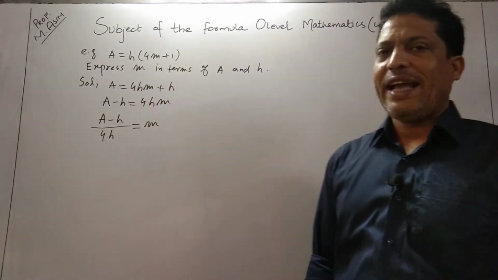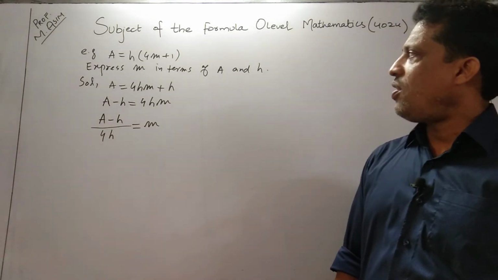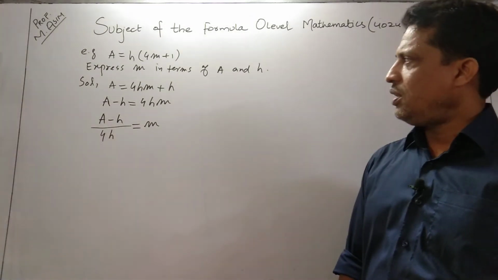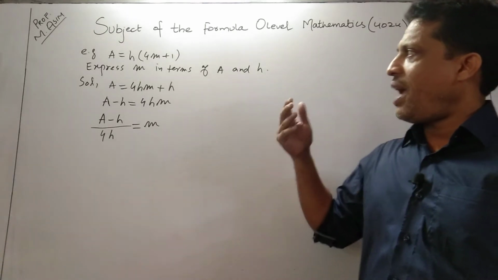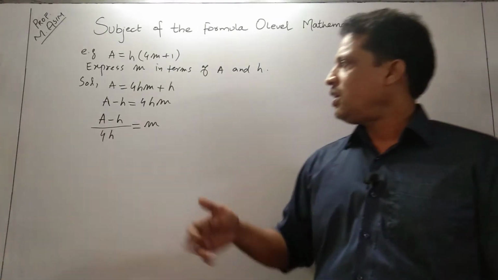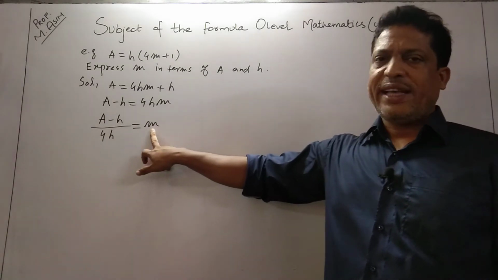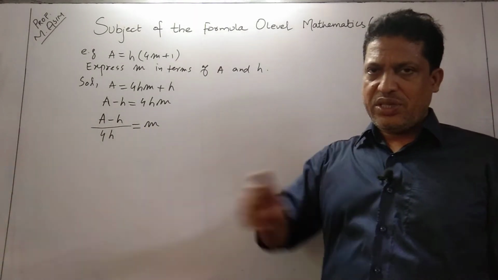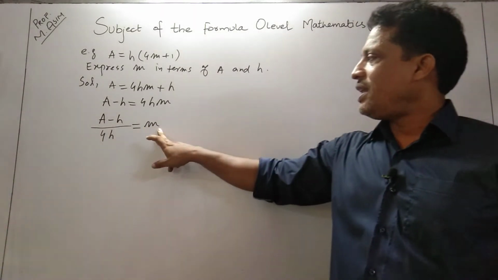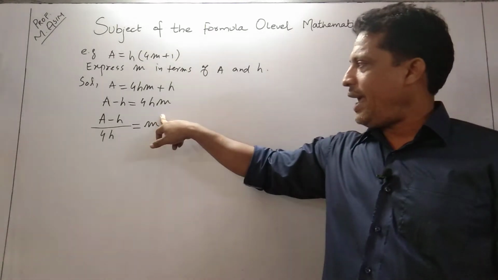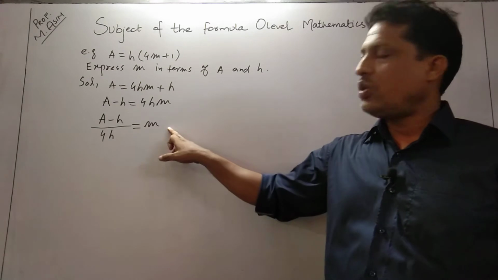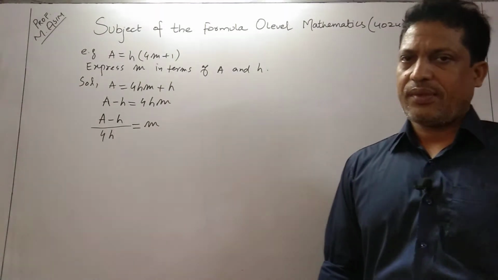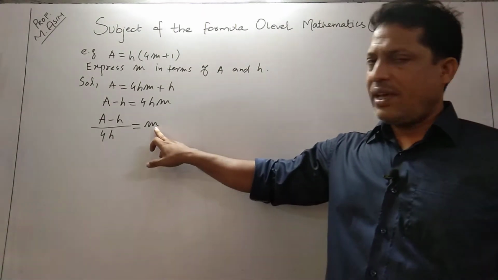How can we say that our requirement has fulfilled? What is the requirement? Express m in terms of A and h. Our requirement is to make m as the subject. Make m as the subject means there is no exponent of m instead of 1, and there is no denominator. Now, see carefully.